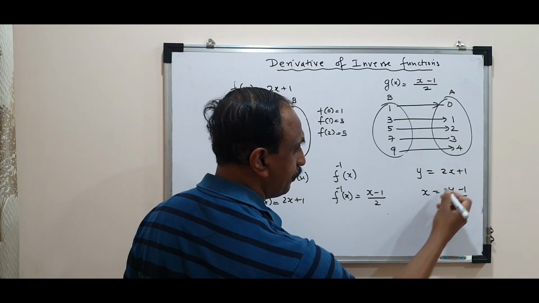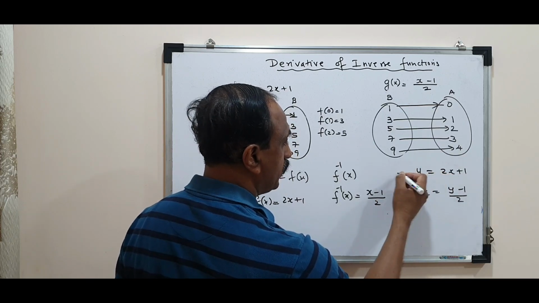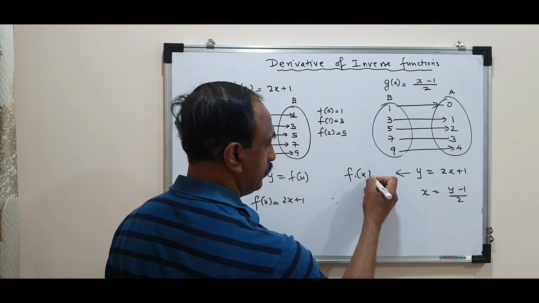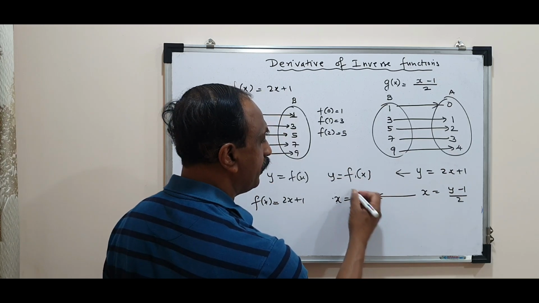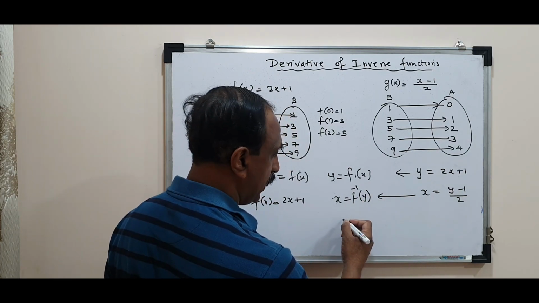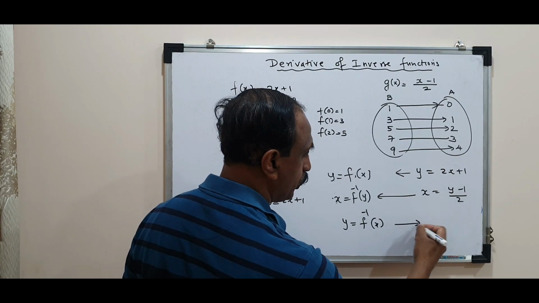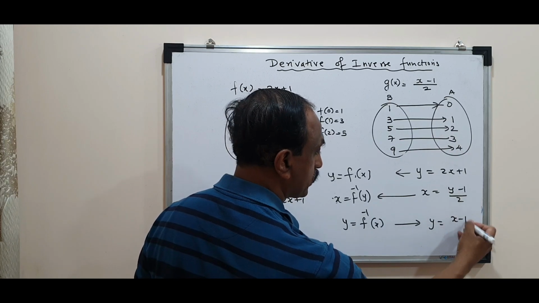The notation for y is y equal to f of x. The notation for this is x equal to f inverse of y. And if you ask me what is y equal to f inverse of x, then what you have to do is, wherever x is there, put y, and wherever y is there, put x.